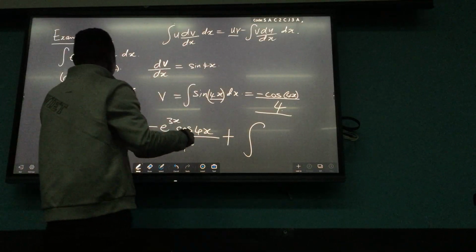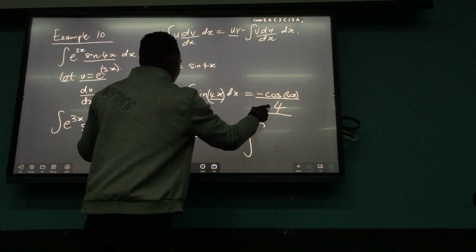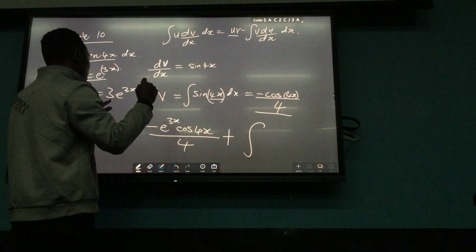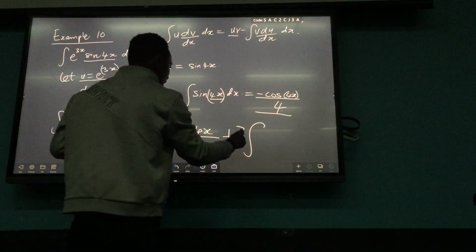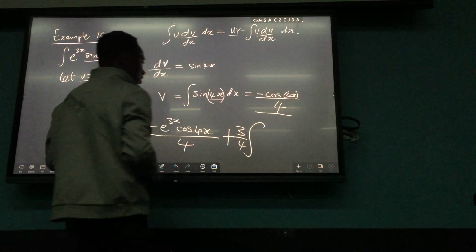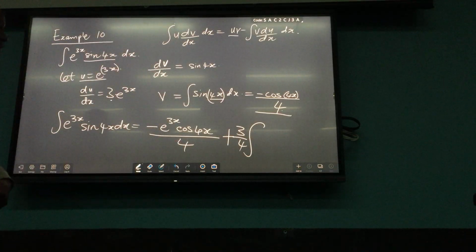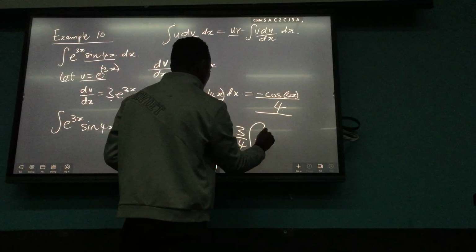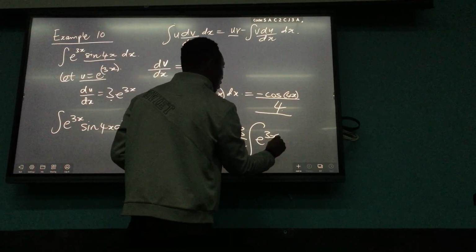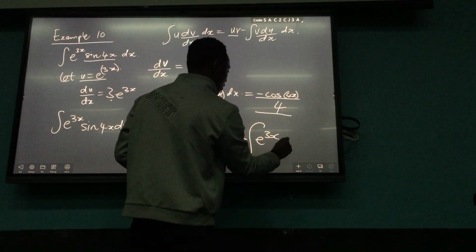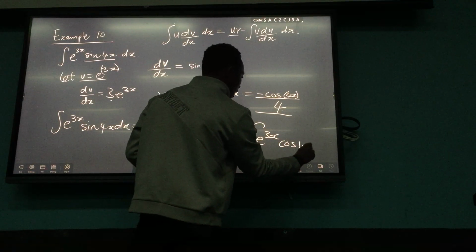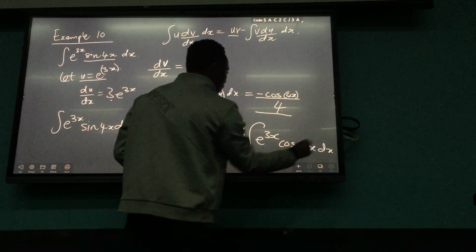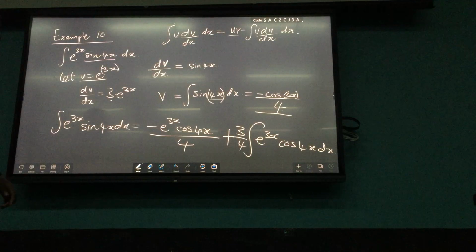So if we multiply 3 and this 1 over 4, we get 3 over 4, right? So 3 over 4, we can factor it out of the integral. So we get 3 over 4 integral of, we now just write e to the 3x cos 4x dx. So we get something like this.